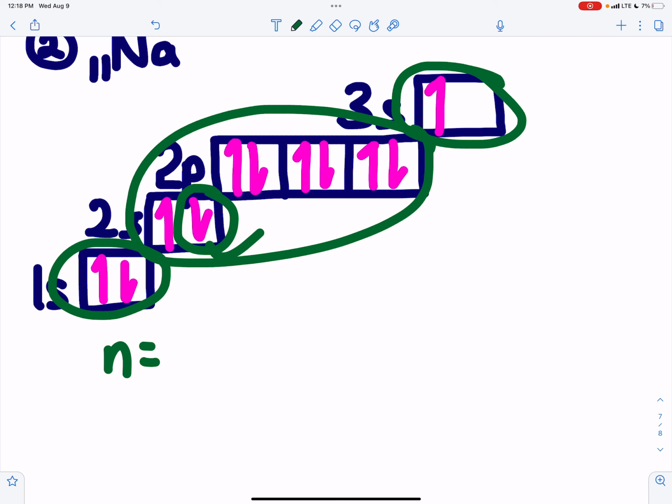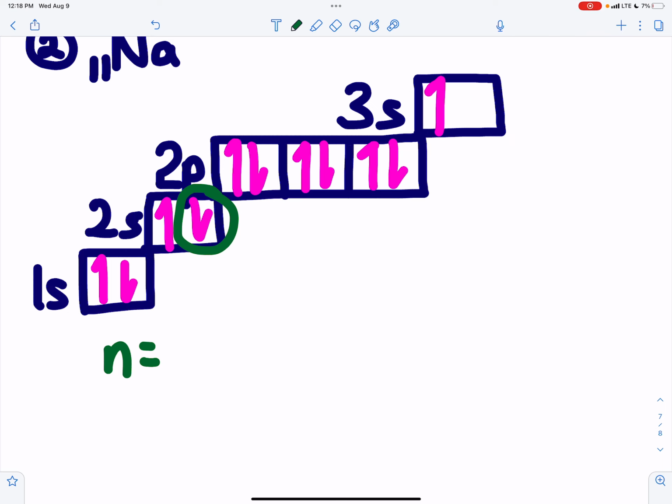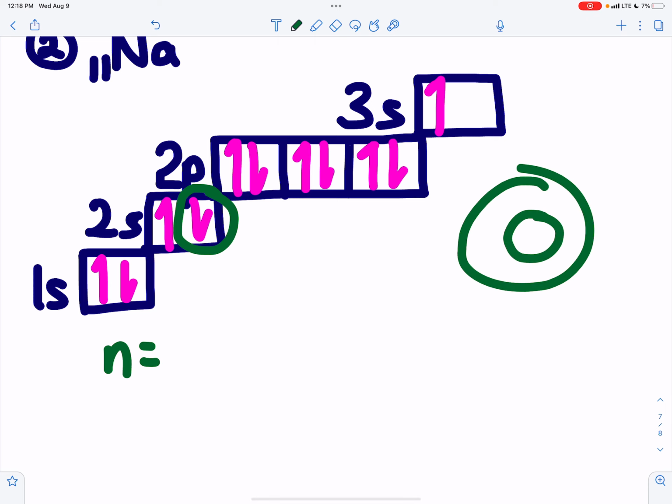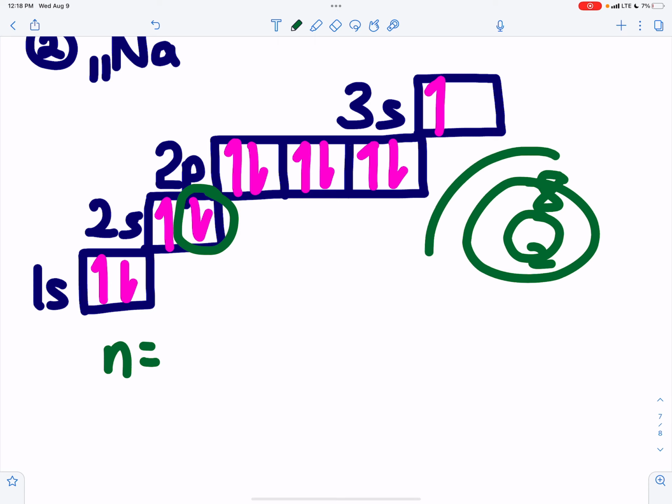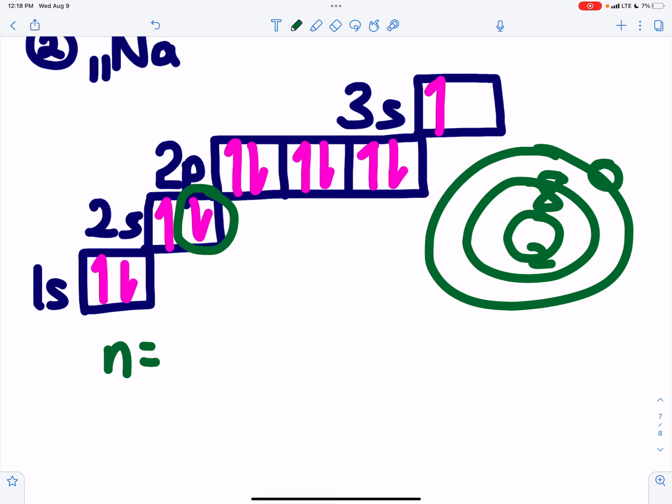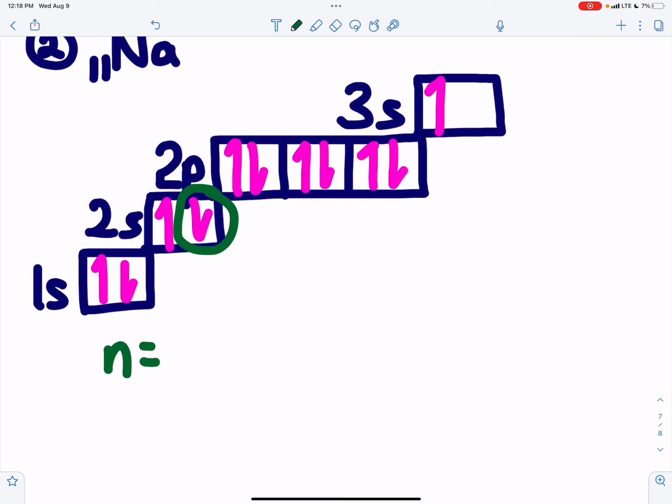So we just stop at the 3s subshell. So this electron we have chosen is located in the second shell, just like this. First shell, 2 electrons. Second shell, 8 electrons. Third shell, 1 electron.